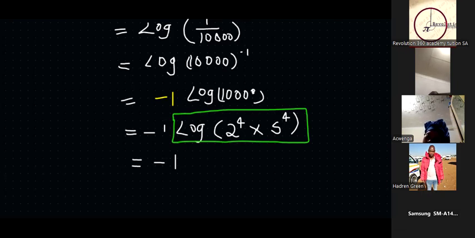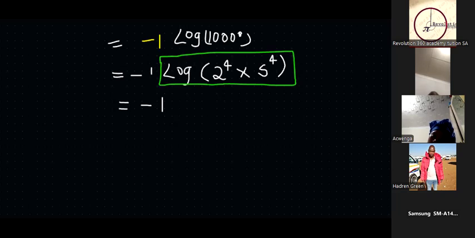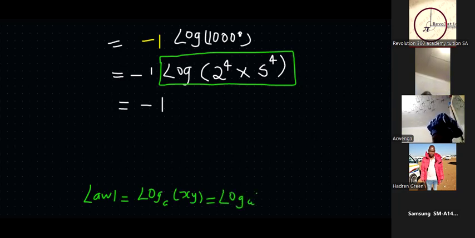So what does law number 1 say? It says that the log of ax times y equals the log of ax plus the log of ay.